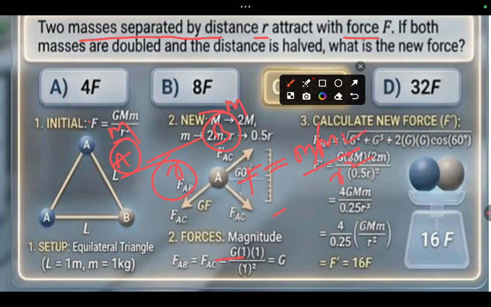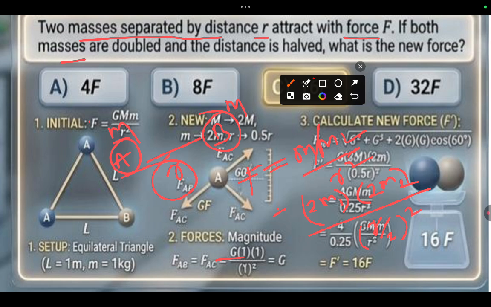Clear? So now the masses are doubled. So this is 2m, this is 2m. Otherwise you can take this as m1, this as m2, and the distance is halved, that means r by 2.